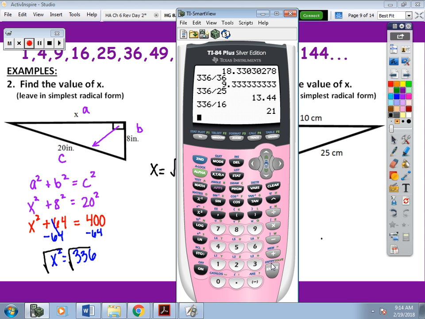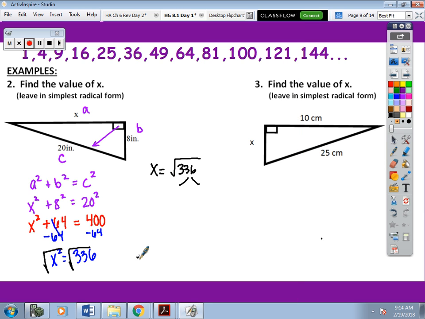That tells me that 16 is the biggest perfect square that goes in because 21, its only factors are 7 and 3, or 1 and 21. None of those are perfect squares. So this would be the square root of 16 and the square root of 21. We take the square root of 16, which is 4. You do not take the square root of 4, which is 2. You just leave it 4. That would be our answer. 4 root 21. And this would be inches.